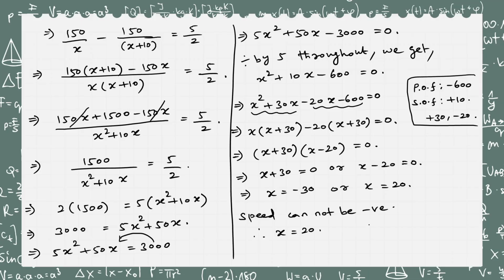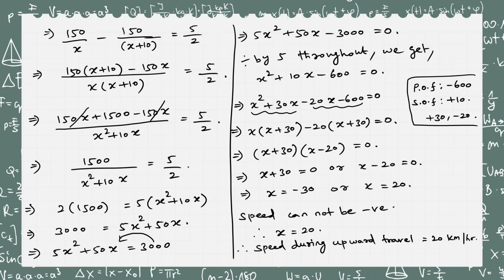Okay. So now we have to answer the question. See, find the speeds in each direction they are asking. So we need to tell them what is the upward travel speed and what is the downward travel speed. Speed during upward travel is equal to 20 kilometers per hour.